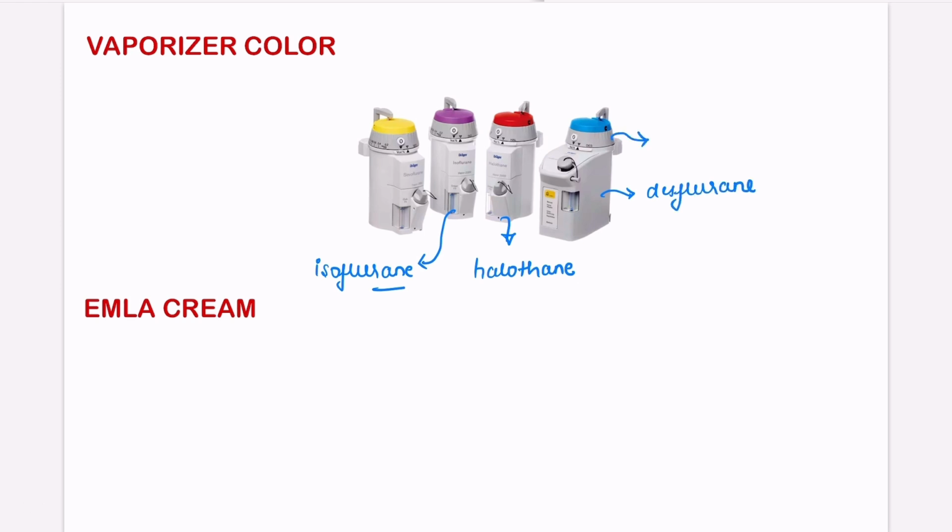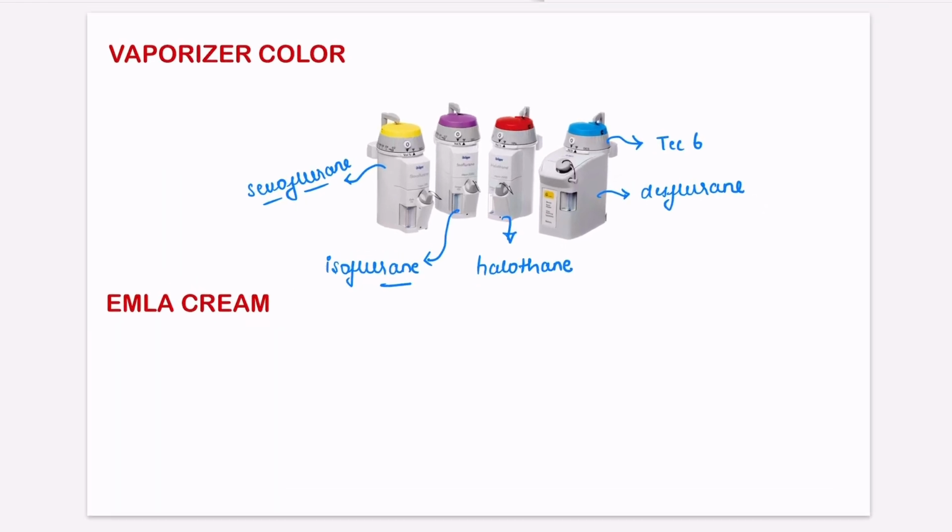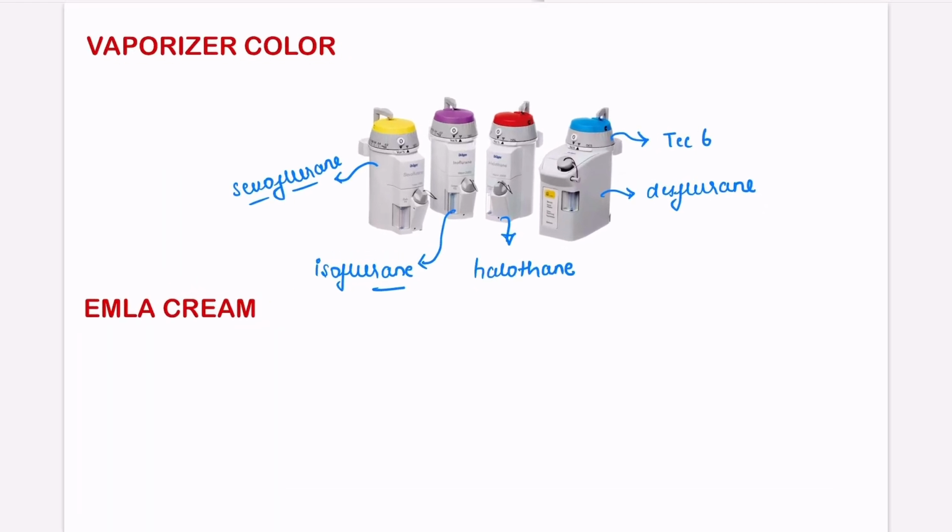This vaporizer has a special name known as Tec 6. The yellow color vaporizer is for sevoflurane. The EMLA cream contains 2.5% lignocaine and 2.5% prilocaine.